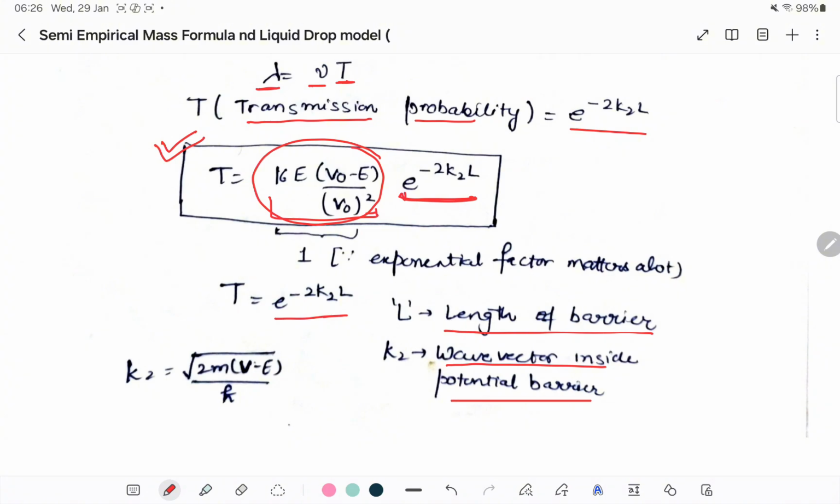Suppose L is the length of the barrier, the length the alpha particle has to cross, and k2 is the wave vector inside the potential barrier, the wave vector associated with our alpha particle. It can be expressed quantum mechanically as the square root of 2m into (U minus E) upon h cross.